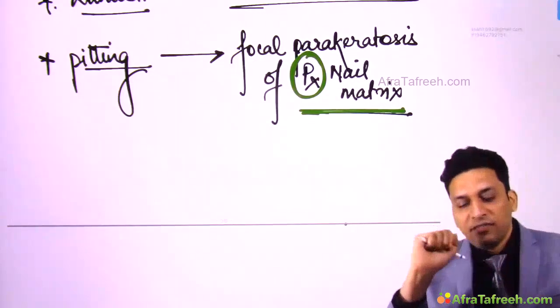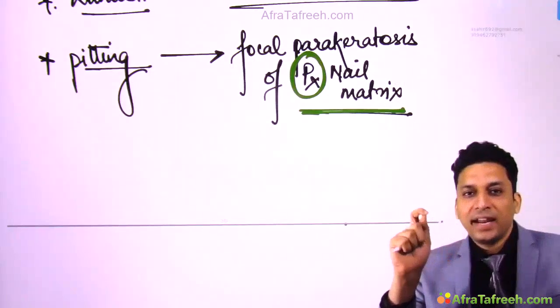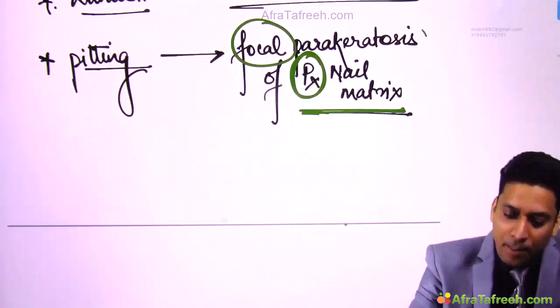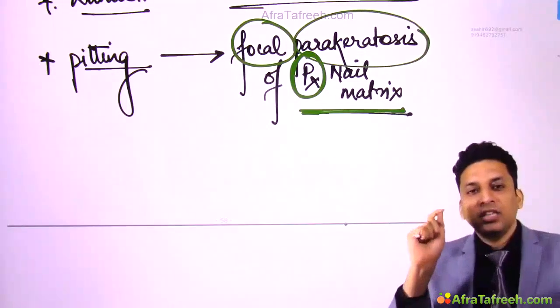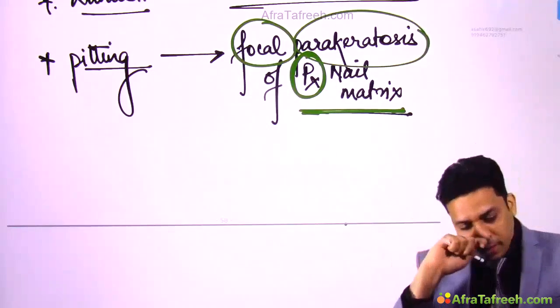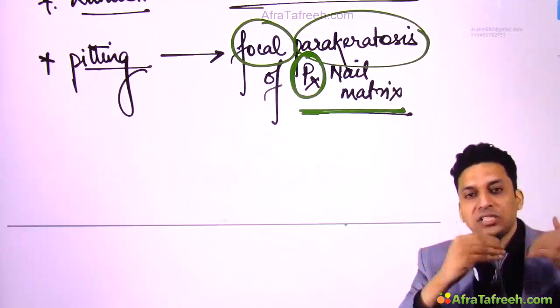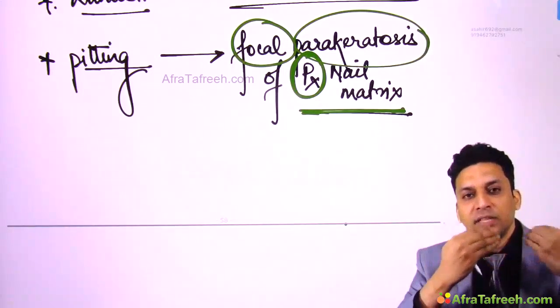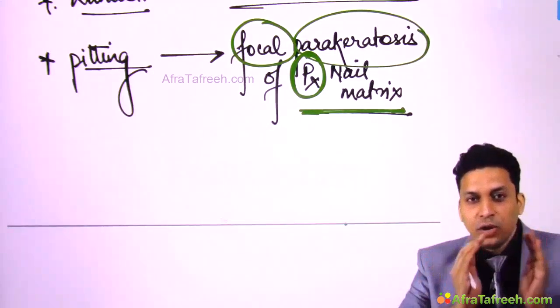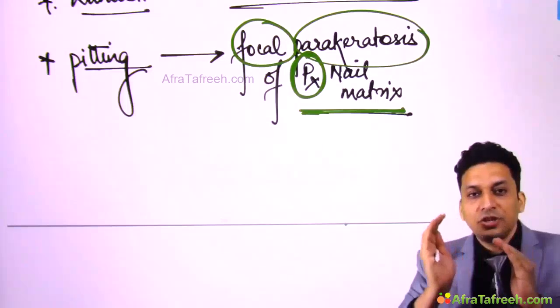Now what is the defect? The defect is focal parakeratosis. Focal means at places. Parakeratosis, if you recall, I told you, is retention of nucleus in stratum corneum. So when the proximal part of the nail matrix is forming the dorsal part of the nail plate, there are focal areas where there is retention of nucleus.